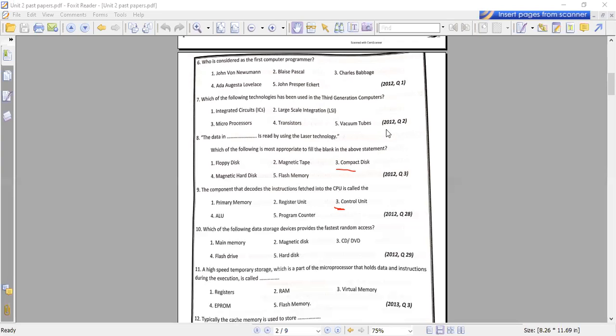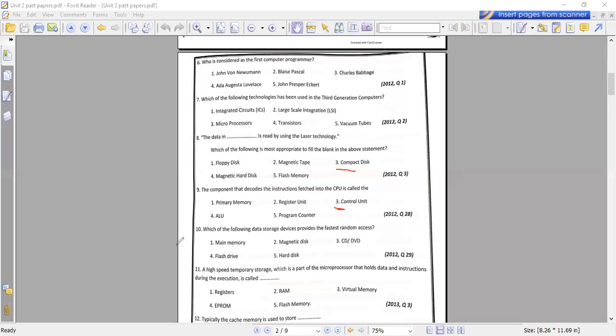10th one. Which of the following data storage device provide the fastest random access? Fastest access එක අපි කියනවා less time නම් fast access. We discussed the memory hierarchy. According to the memory hierarchy, the cache memory and registers have the fastest access, but in the question they haven't mentioned those.